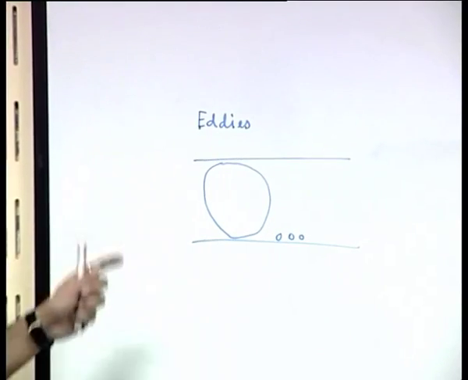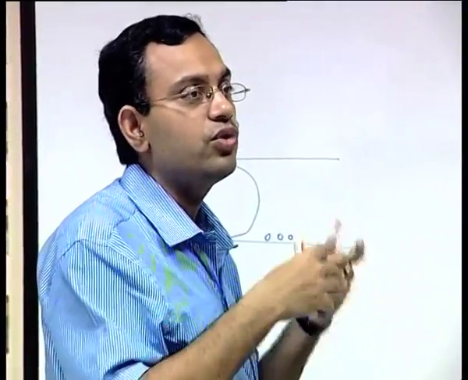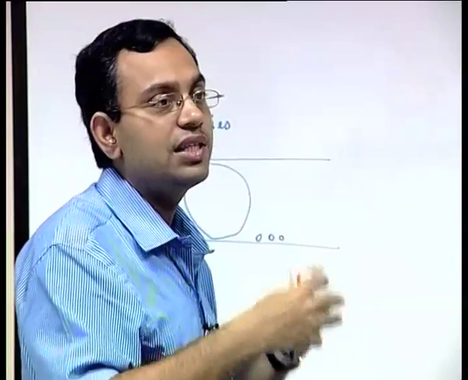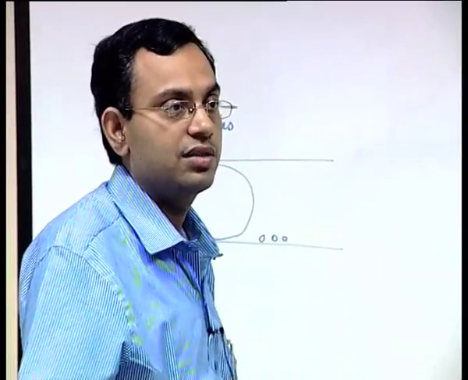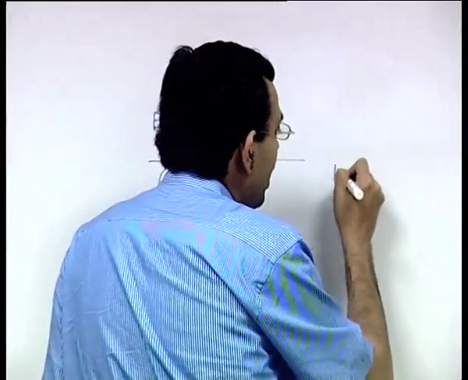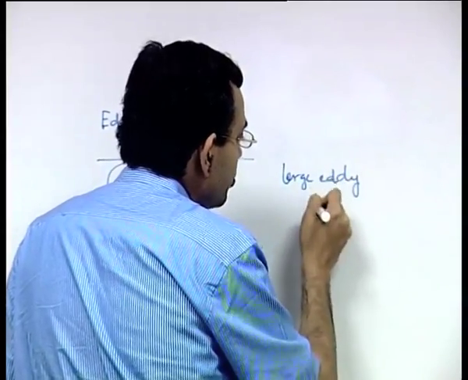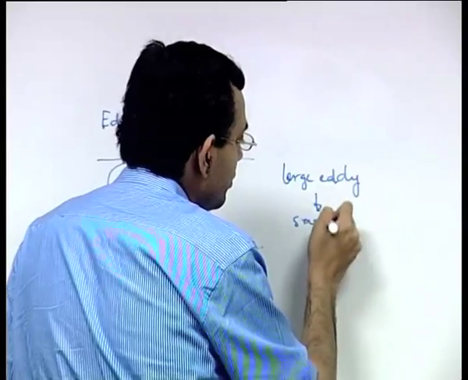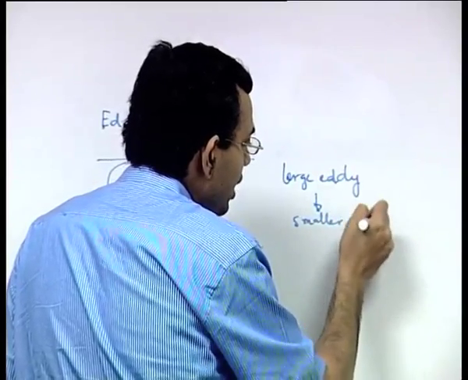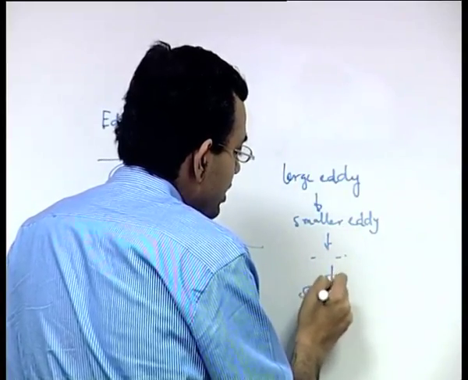Once it extracts energy, it will evolve into smaller and smaller eddies to which the energy is subsequently passed. So energy will pass from the large eddy to a smaller eddy, and in this way again to a further smaller eddy, and so on to the smallest eddy.